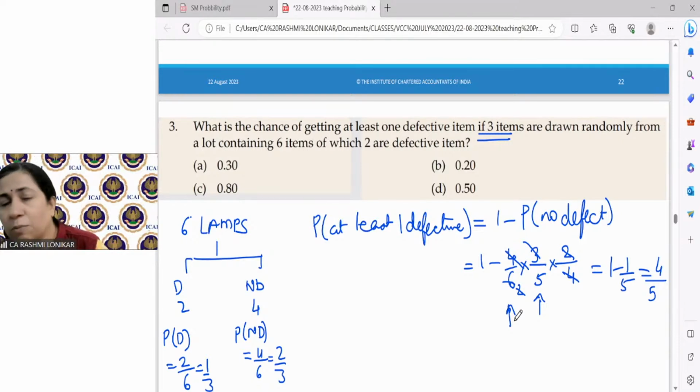Once I remove one, the 4 non-defective become 3, and the total of 6 becomes 5. Next step, again one more non-defective, so from 3 it will come to 2, and from 5 to 4. Okay, so this is the explanation. So 4 upon 5 will be the answer.